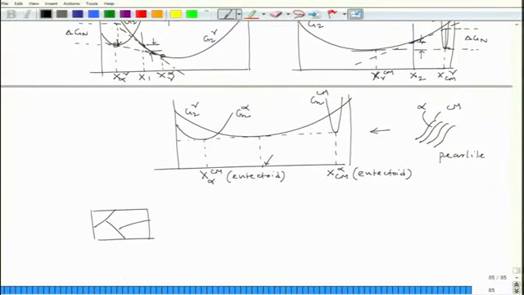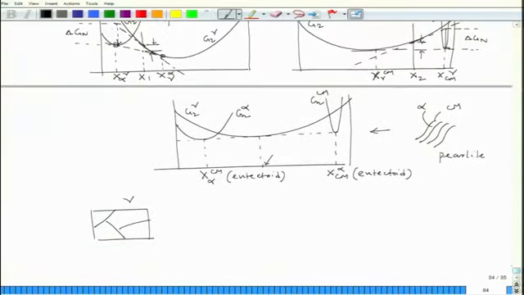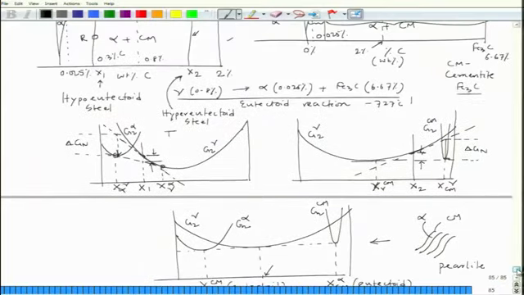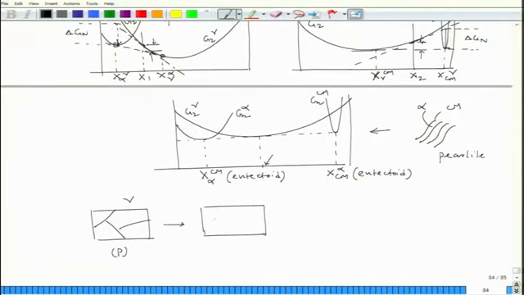So, this is gamma polycrystal, and if I label those points P, Q, R, this is gamma at the P position. As it goes down, at this point the alpha phase first appears, and it appears along the grain boundaries.